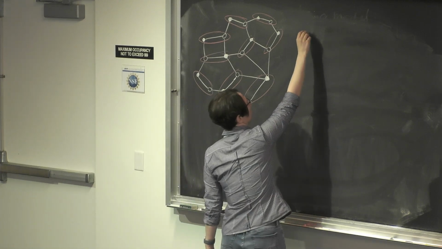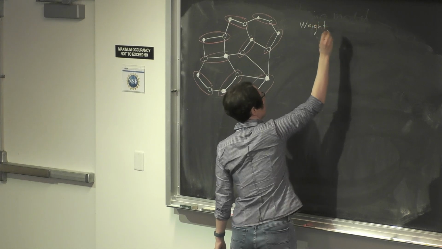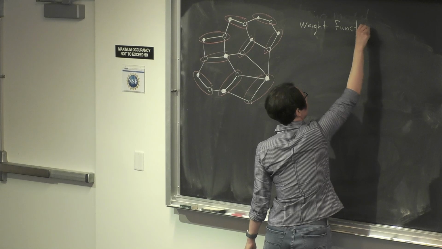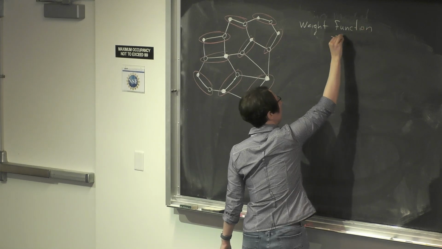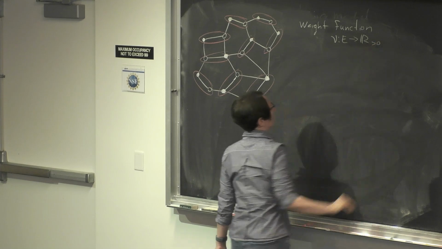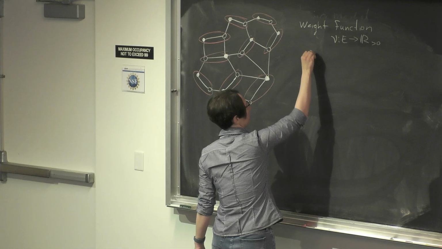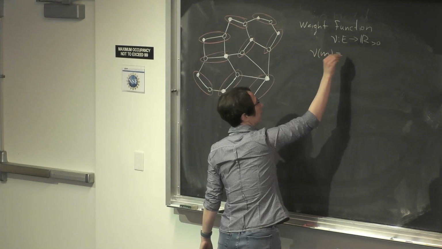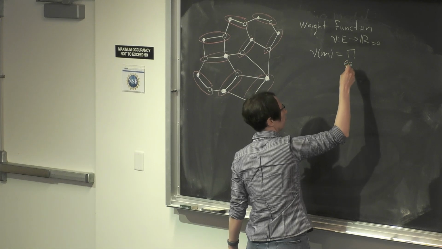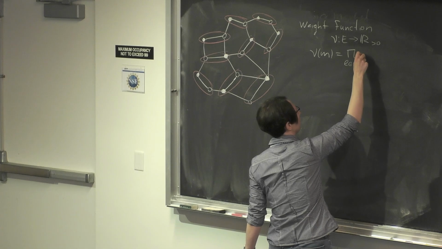And in general, we have a weight function on edges. So there is some positive real number assigned to each edge, and we define the weight of a dimer configuration as a product of the weights on edges which are in this dimer configuration.